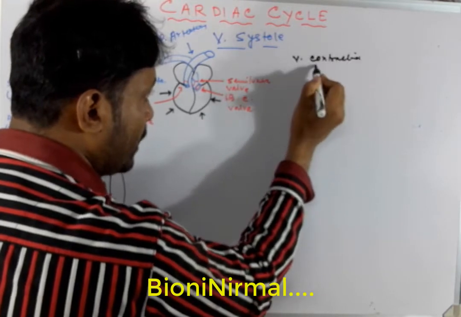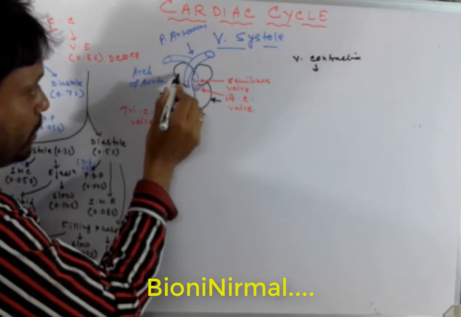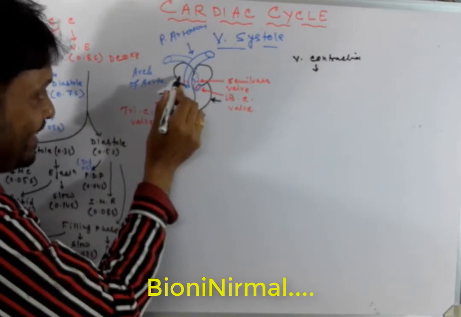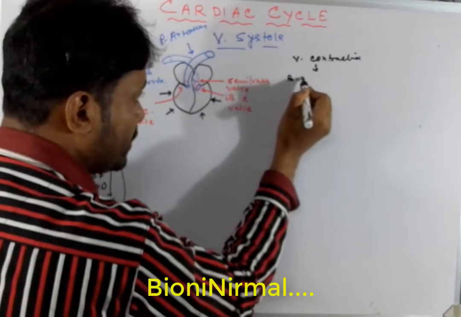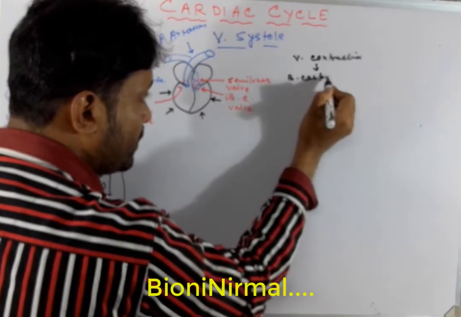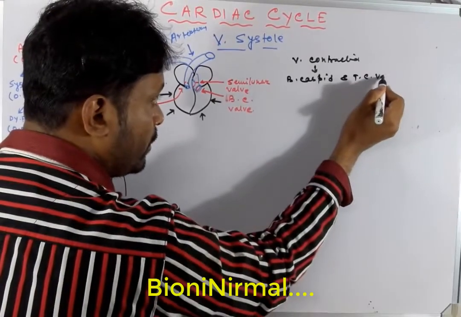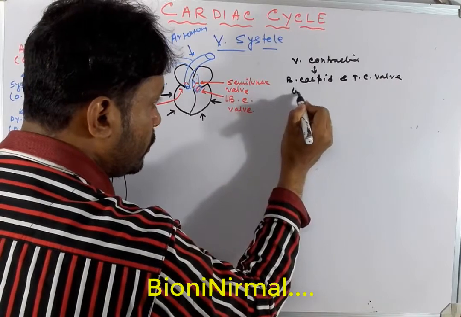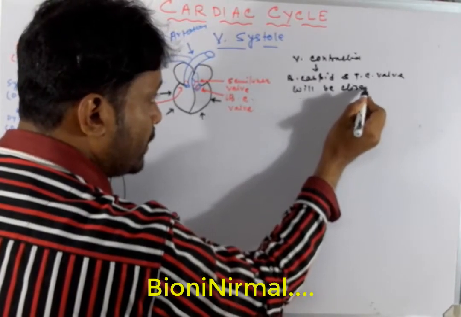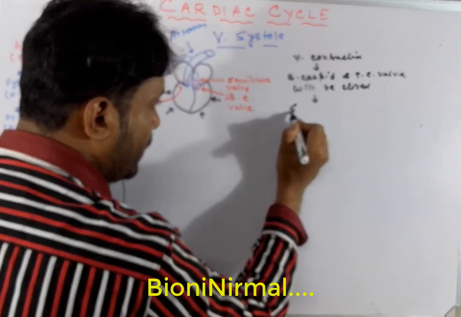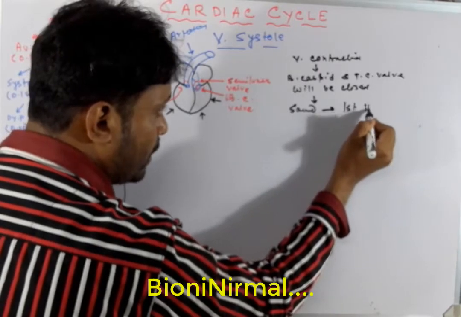Due to this contraction, blood could enter from the ventricle back to the auricle, but this should not be permitted, so the bicuspid and tricuspid valves will be closed, and this makes a sound, which is called the first heart sound.